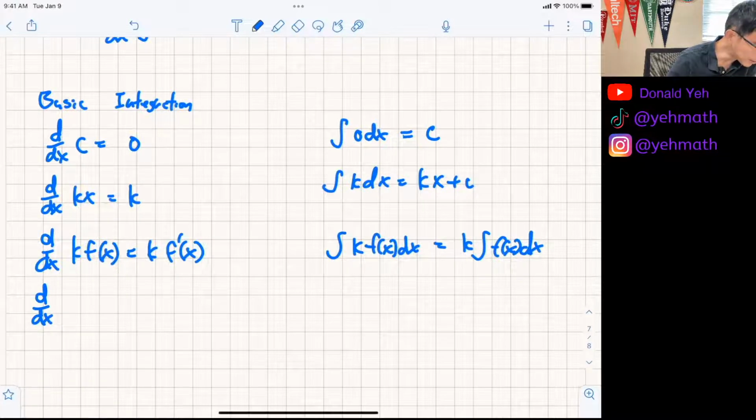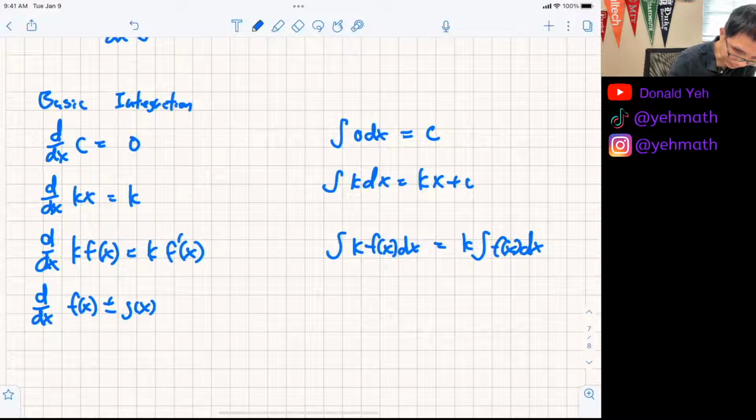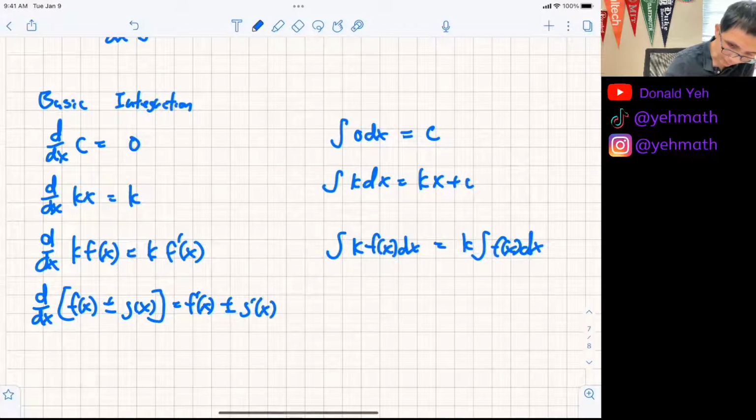The derivative d/dx of f of x plus or minus g of x is going to be f prime of x plus or minus g prime of x. What's the integration of f of x plus g of x dx?